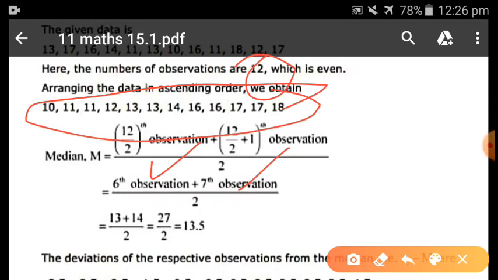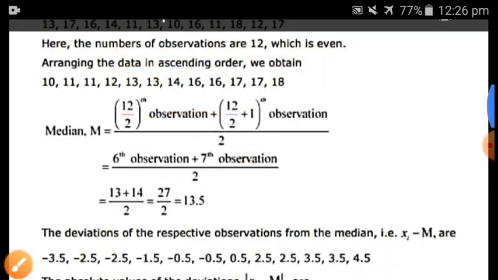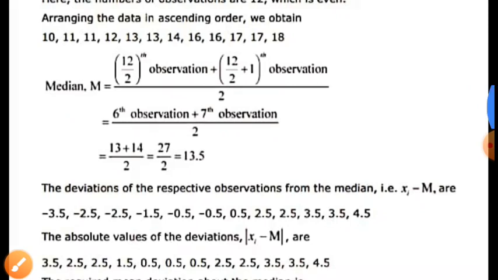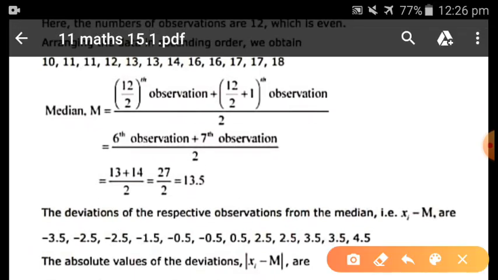Depending upon the number of observations, if there are odd observations, you get only a single observation as the middle, and that itself is the median. Here there are 2 middle observations and the median is 13.5. From every observation, this 13.5 should be subtracted.